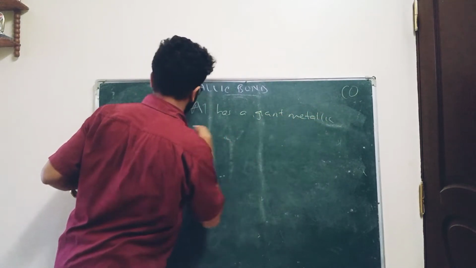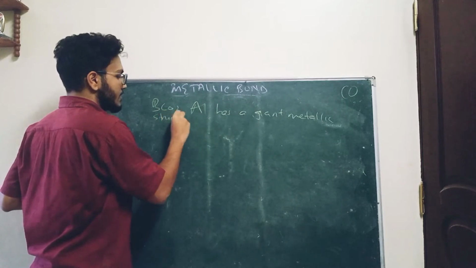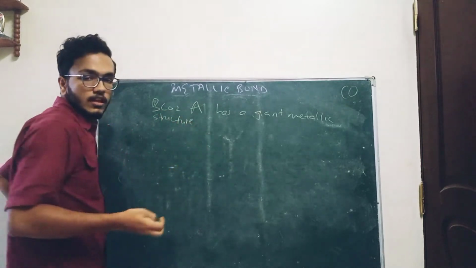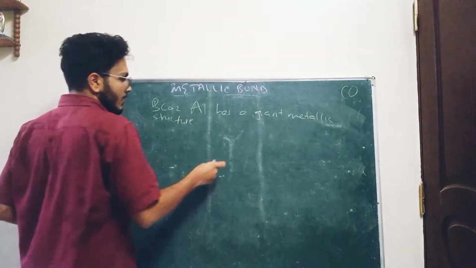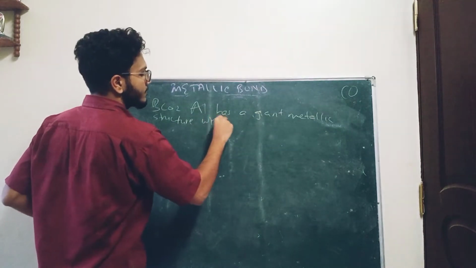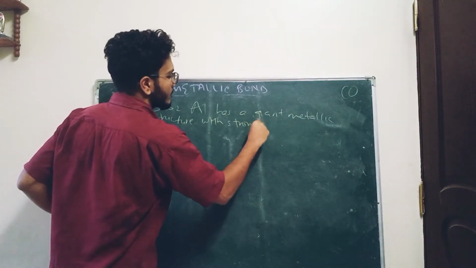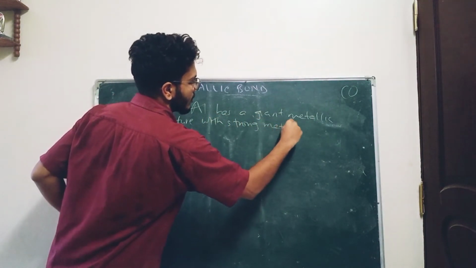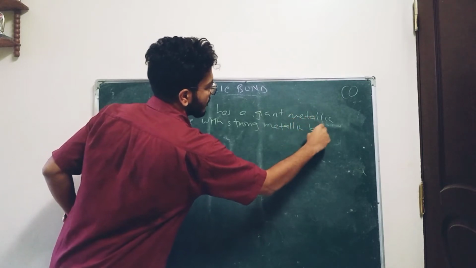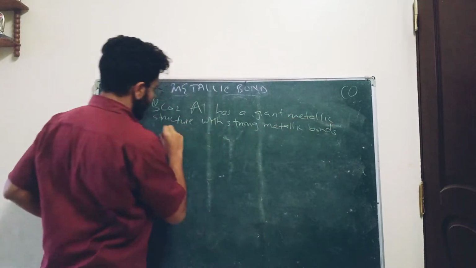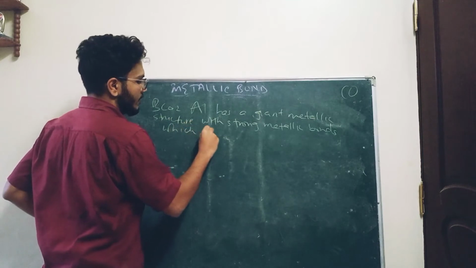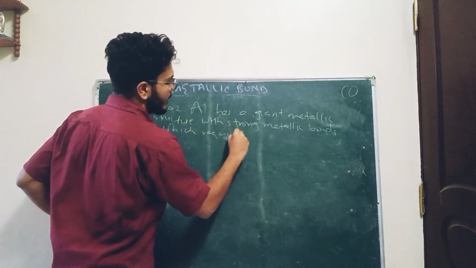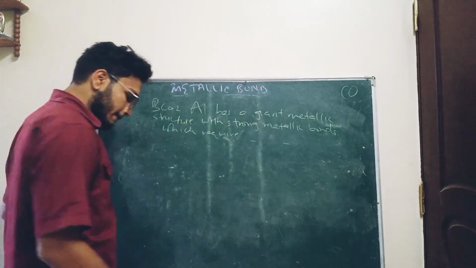Metallic structure is the structure in which the atoms of the metals are arranged with strong metallic bonds which require a lot of heat energy to break.